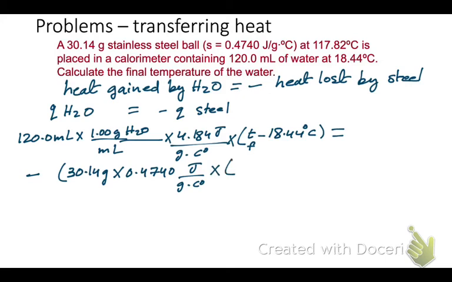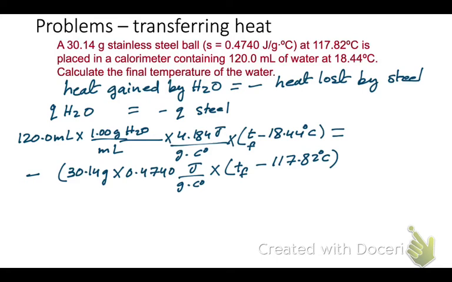I don't know it, but I know the initial temperature of the steel was 117.82 degrees Celsius. Now please pay attention to the following. The final temperature of the water has to be the same as the final temperature of the steel. So now I'm going to rearrange this mathematically to make my equation easier here.